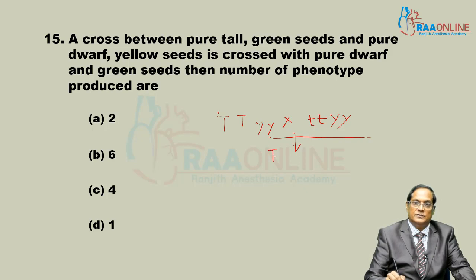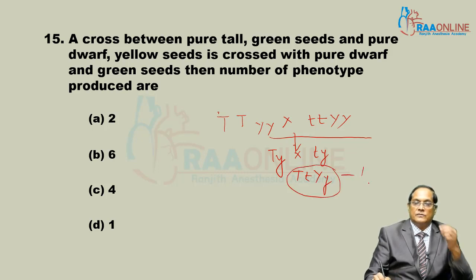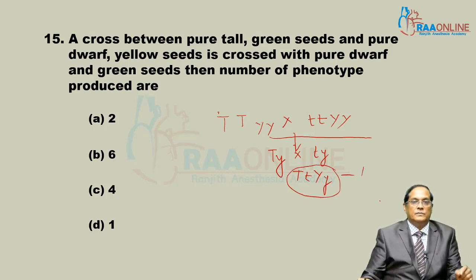Take the gamete of the first one and the gamete of the second one, apply capital T, capital Y, small y. This is the first generation, and if the question is asked from this particular generation, then the answer is 1.